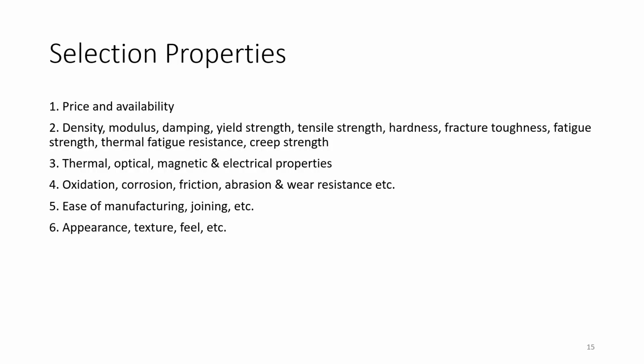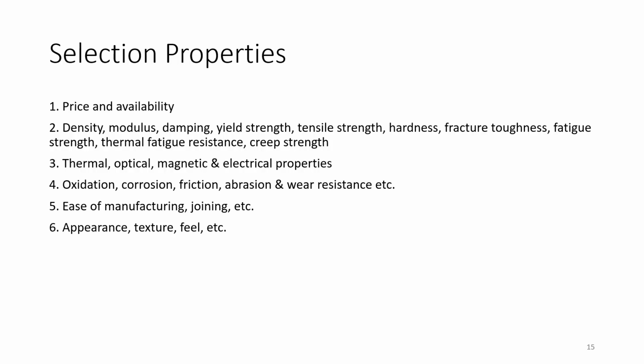Then third is the thermal, optical, magnetic and electrical properties. So for example, if you require formation of some wires, electrical wires, then you'll be focusing on electrical properties rather than optical or magnetic properties. Next is oxidation, corrosion, friction, abrasion and wear resistance. So how much surface finish is required, these particular properties will also come into consideration.